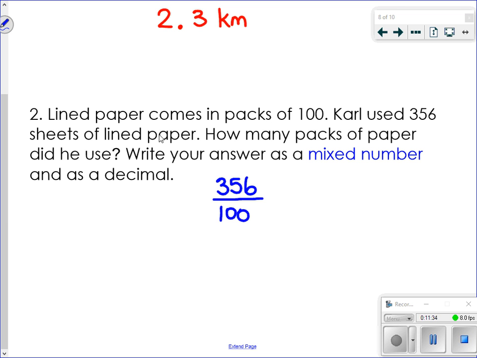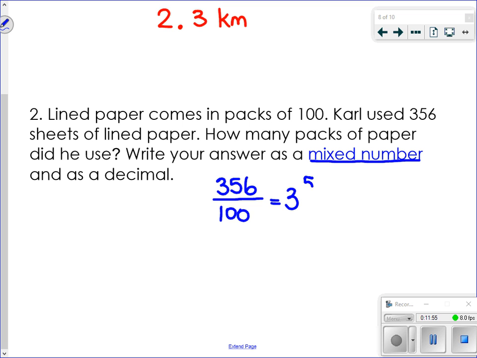Oh, 356 hundredths. Okay, so how would I convert this improper fraction into a mixed number? How many times does 100 go into 356? Well, 3 times. How many are left?